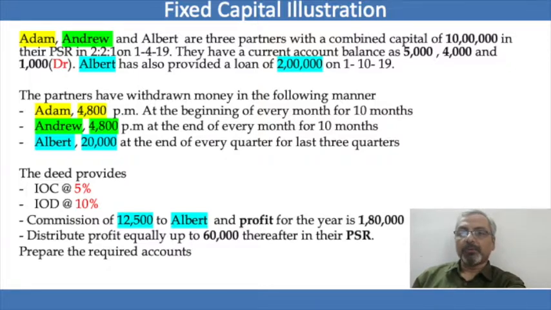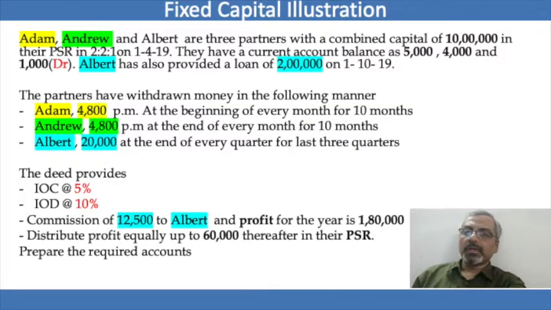Apart from this, we have also been given information about the partnership deed, which clearly states that the interest on capital will be 5% and interest on drawings will be 10%. Commission of 12,500 is paid to one of the partners, Albert, and the profit for the year is 1,80,000.